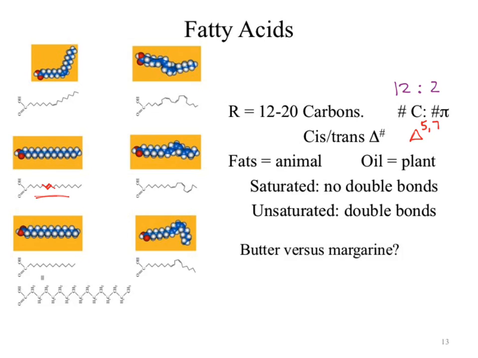Well, now it's healthy because they still have double bonds. It's not the double bonds that make it healthy. It's that it's not solid. It has to do with how those things end up stacking and interacting. So when we went through this process of, oh, I'm going to make healthy fats by hydrogenating plant oils, this was the whole fad with margarine. We said, oh, plant oils are better.